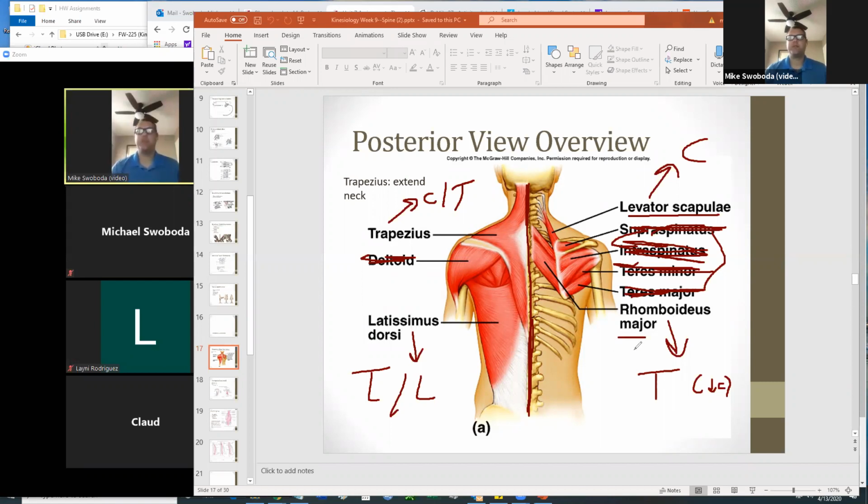Your rhomboids attach to the spine, move the spine. Lats attach to the spine, they move the spine. Traps attach to the spine, move the spine. So these are the big muscles that move your spine. And really straightforward, wherever they are positioned, that's the part of the spine that they move.